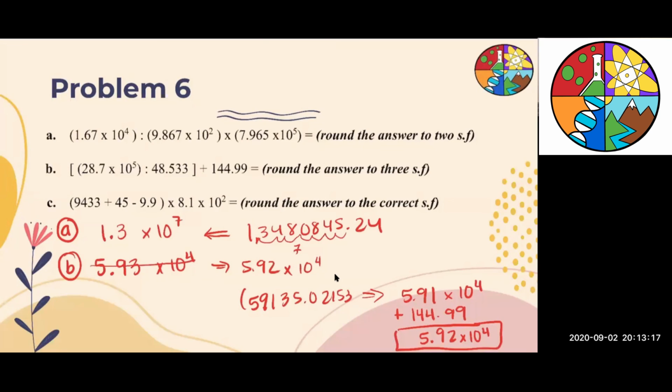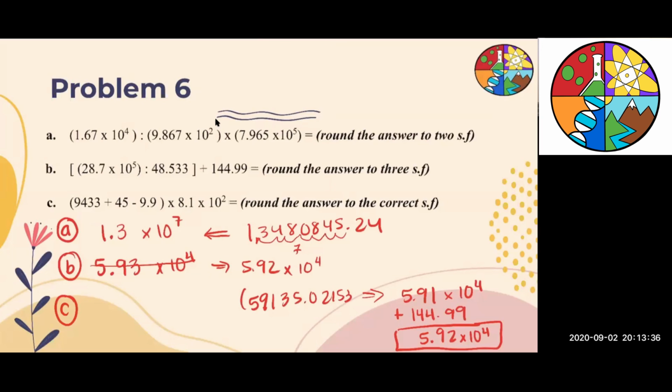Okay, so C, the last one. What did you guys get? I got 7.7 times 10 to the 6th power. So this one says round to the correct sig fig.